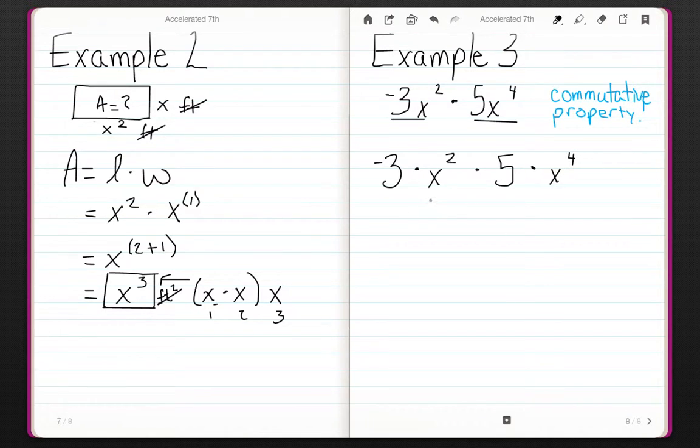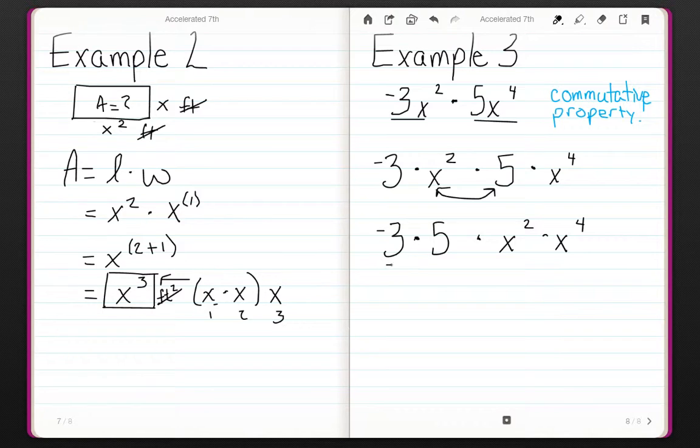Now I'm going to use the commutative property, and I'm going to switch these around. I'm going to take these two and switch them so that my numbers are together, -3 times 5, and my exponents are together. So now I've rearranged it, -3 times 5 times x squared times x to the 4th power.